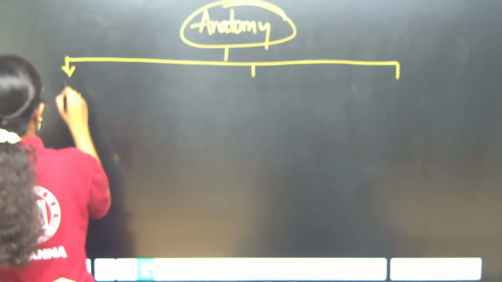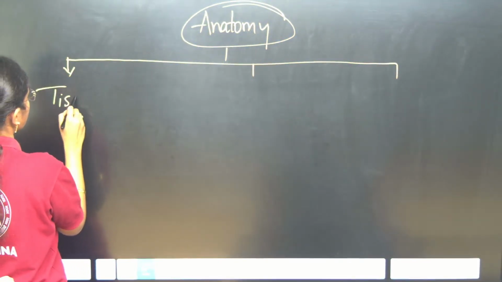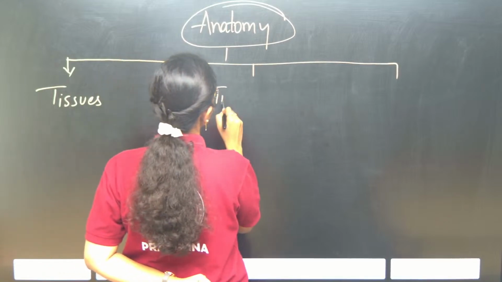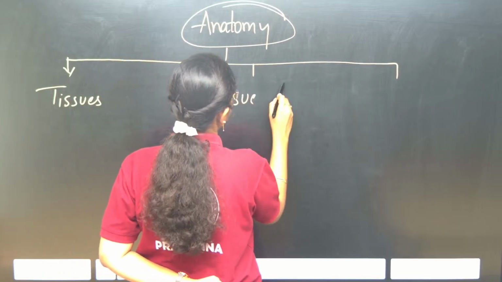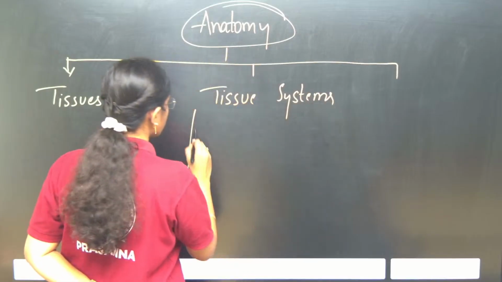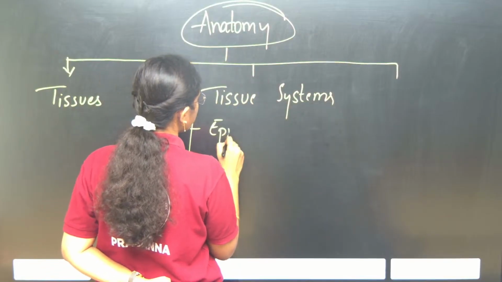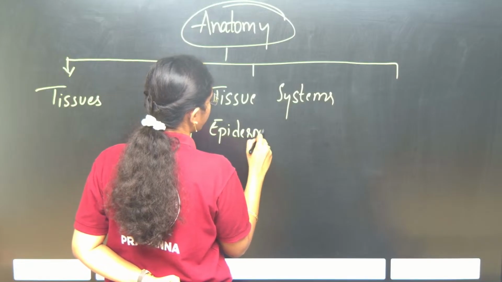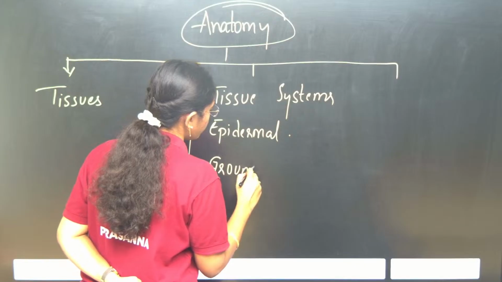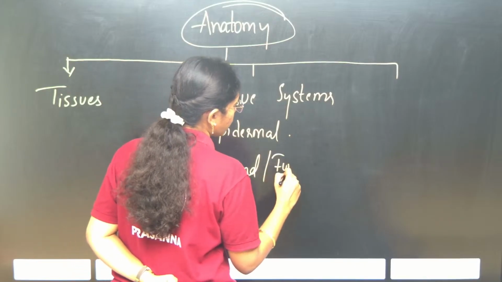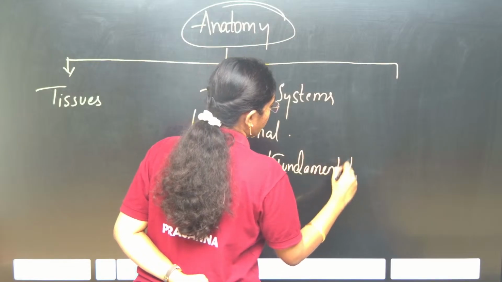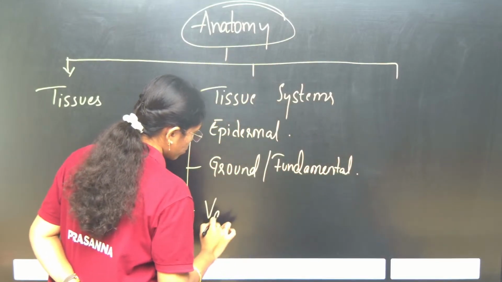One is tissues, second will be tissue systems. In tissue systems, you will come across 3 tissue systems: epidermal tissue system, ground or fundamental tissue system, and vascular tissue system.